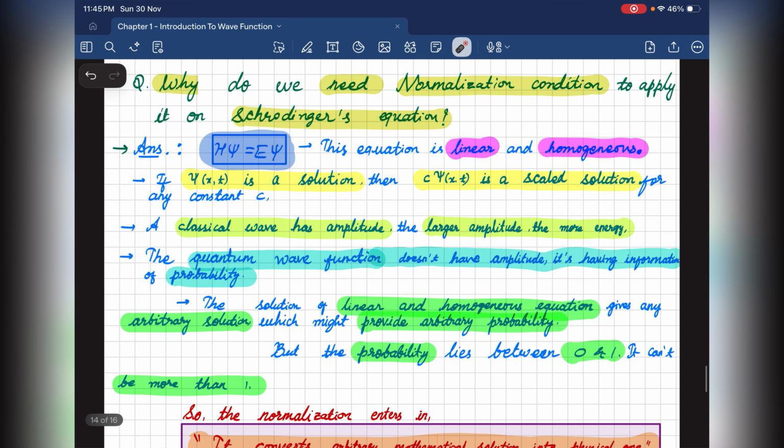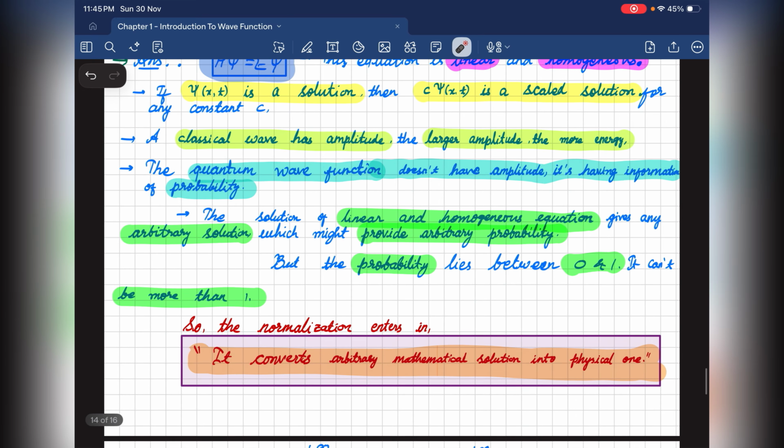A classical wave has amplitude: the larger the amplitude, the more energy. That's what we have discussed. So the equation itself fixes only the shape of psi, not the overall scale. But if psi determines probability, then scaling it arbitrarily would give you probabilities greater than 1, less than 0, or infinite, and that is totally unphysical, right?